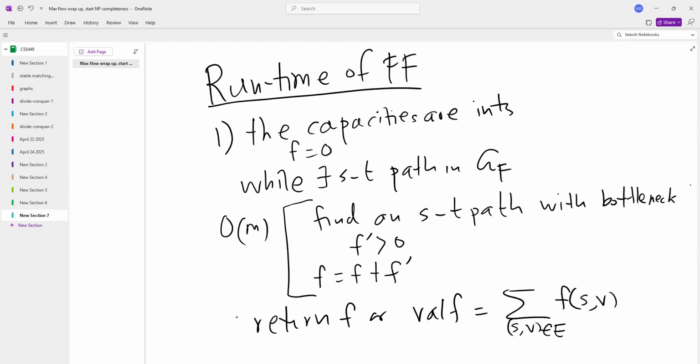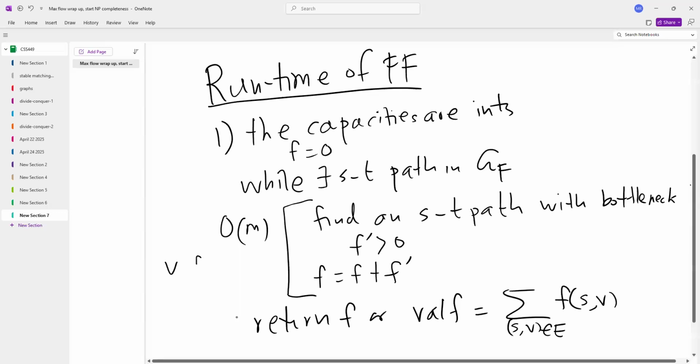And it depends on the capacity of the graph. Right? So what would be the worst case number of iterations? Let's say that we know the value of the flow at the end of this run is V of f, right?